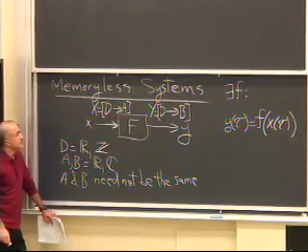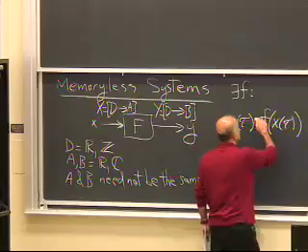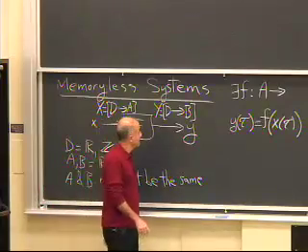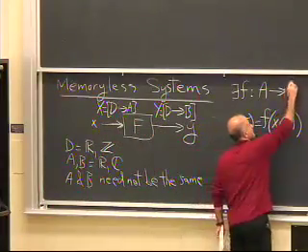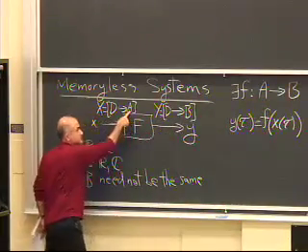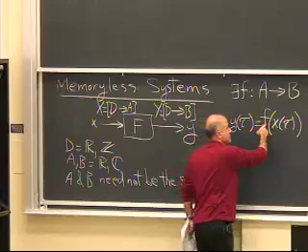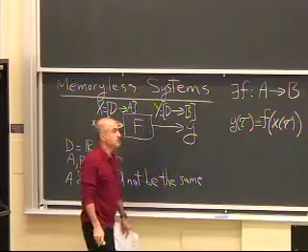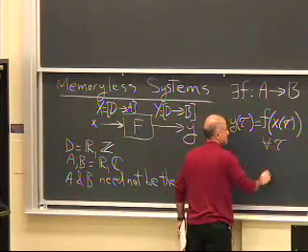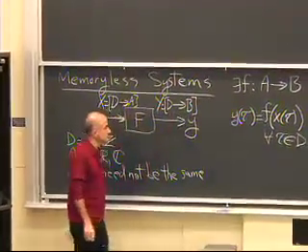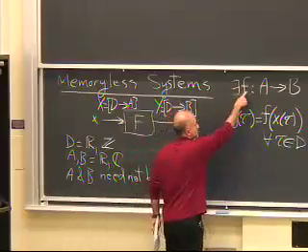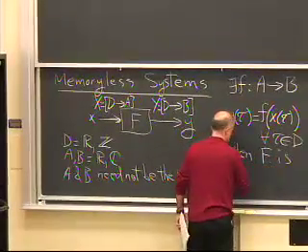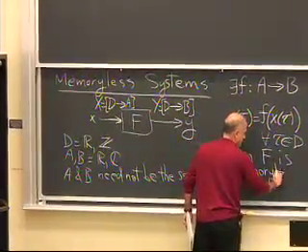Domain is the range of x, which is A. And the range of f would have to be B. So if you can find a function from A to B such that when you plug in the instantaneous value of the signal x, you get the instantaneous value of the signal y, and this is true for all tau in D, then the system is called memoryless.